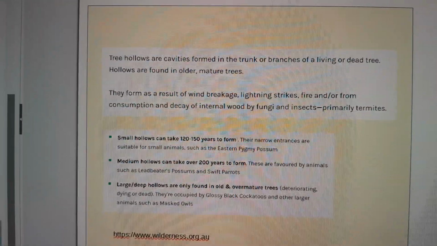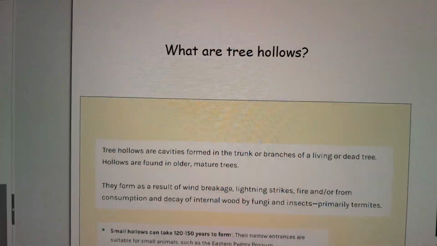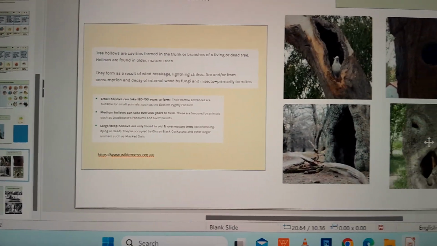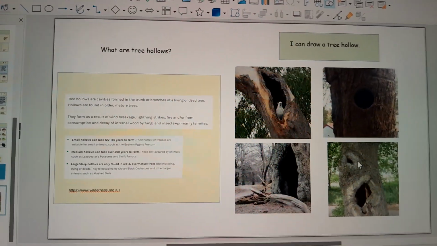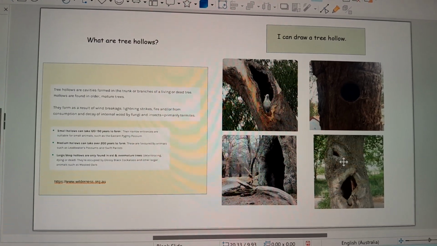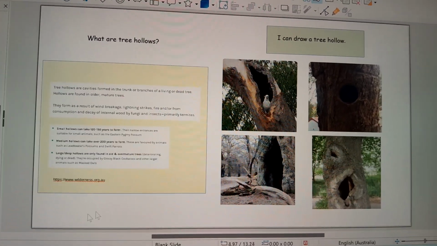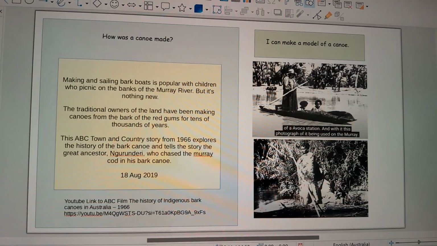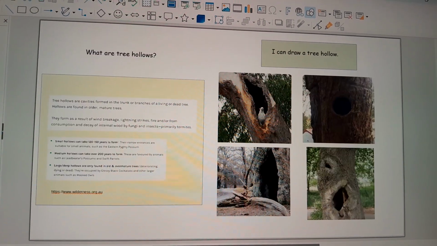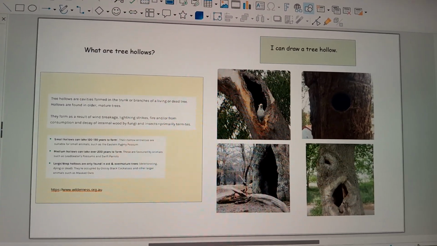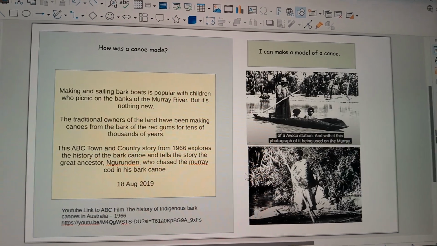So here's some information that you can read about what tree hollows are. And of course you can also find a film that explains it and why they are important. You can delve in greater depth. Now I've just made a basic film slide that you can move into a little more.